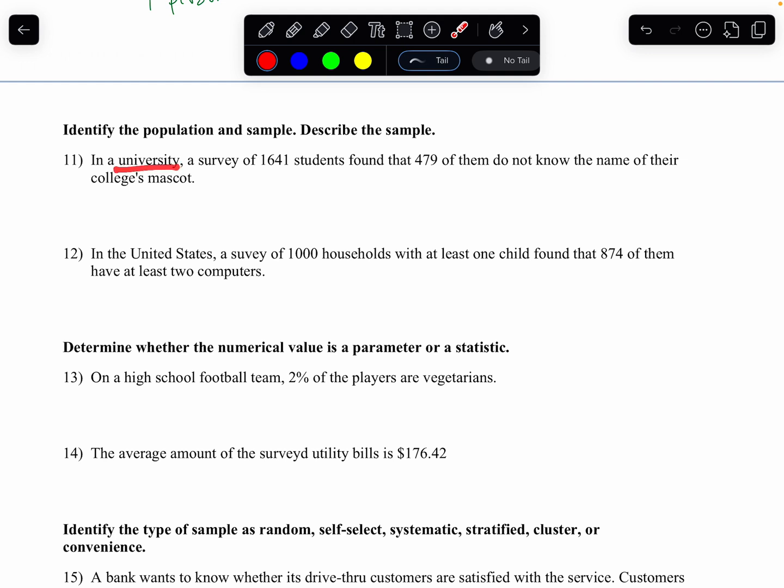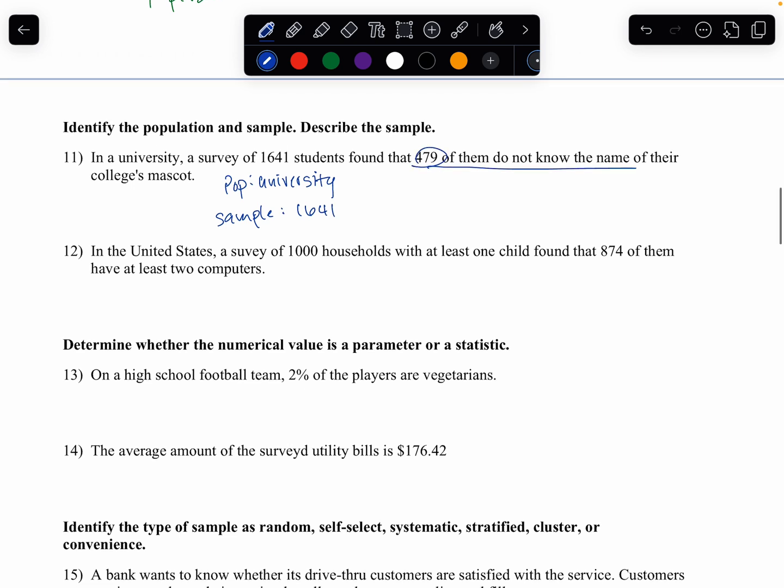We're talking about the university, so I would say that the population is the university. And I would say the sample is how many are being surveyed. That's the 1641. In the sample, 479 of them do not know the name of their mascot, but the actual sample is how many were surveyed. So this is not the sample right here.